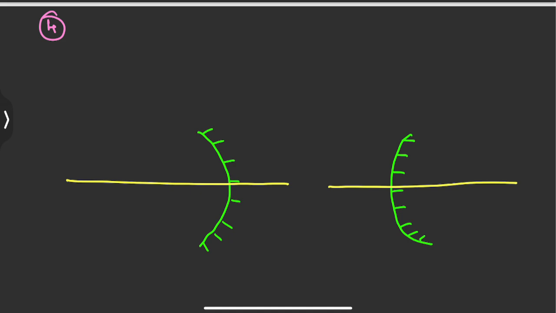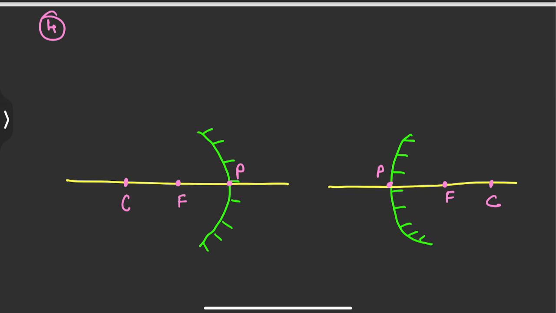After drawing the principal axis, here we are going to draw the center of curvature, and this is the principal focus, and this is the pole. Same way for this one, this is the pole, this is the principal focus, and this is the center of curvature. So now let us draw the standard incident rays.